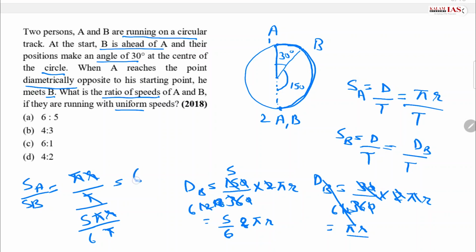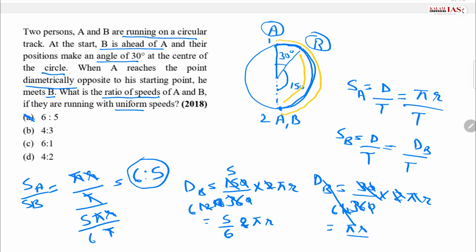This will be equal to 6:5, which is option A. I hope this is clear, a very simple question. We just have to find the ratio of the speeds of A and B, and we simply find the distance travelled by A from this point to this point and the distance travelled by B from this point to this point, and take their ratio because the time taken is the same.